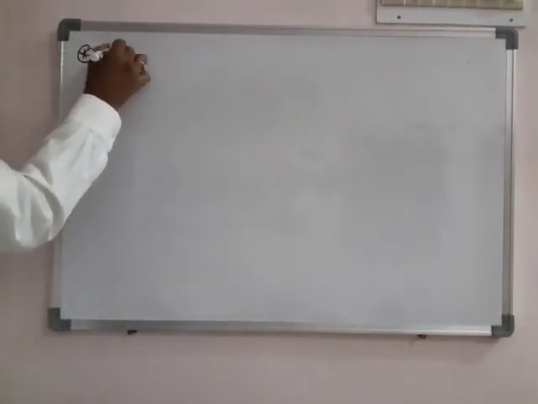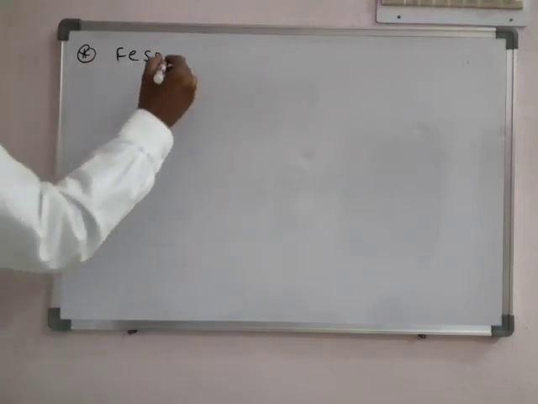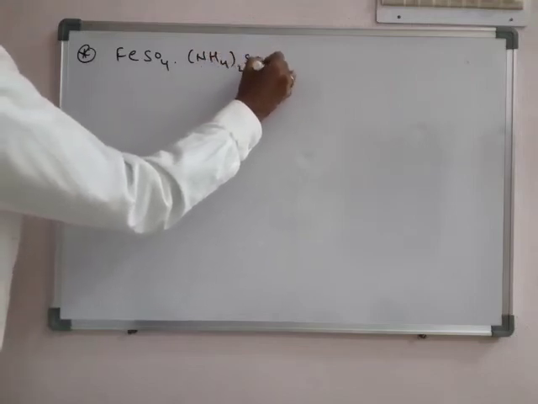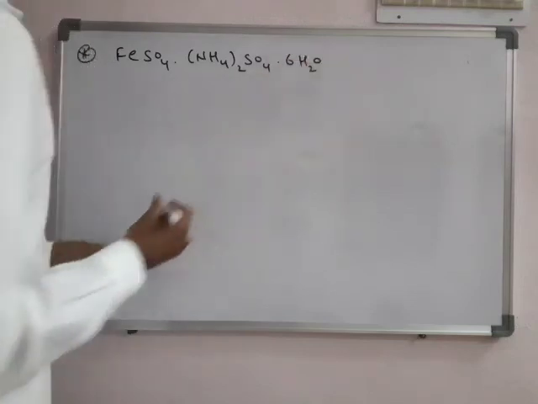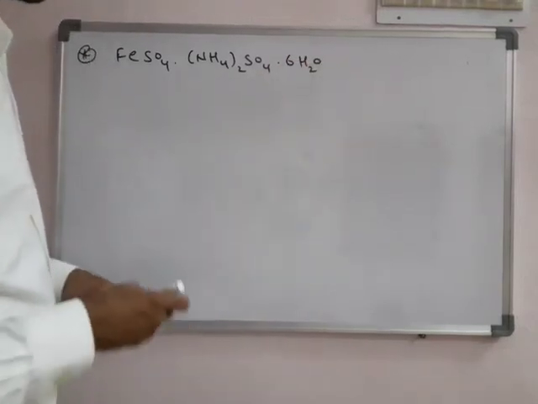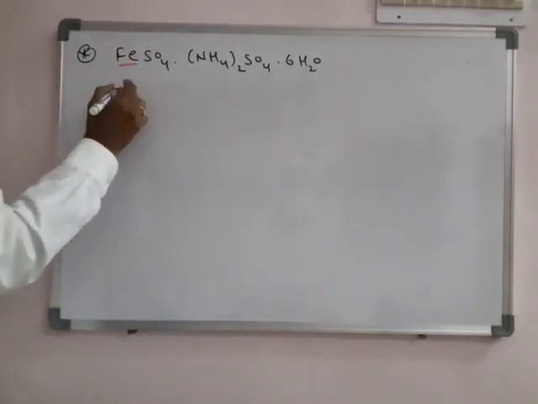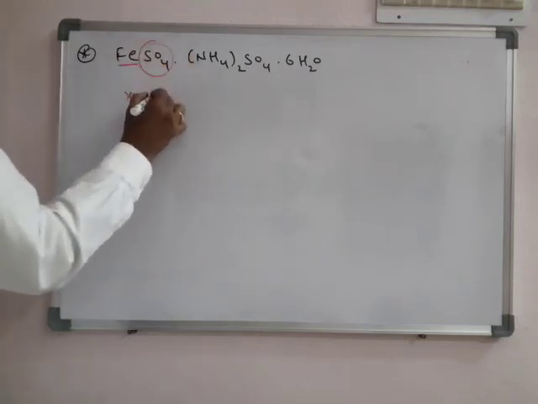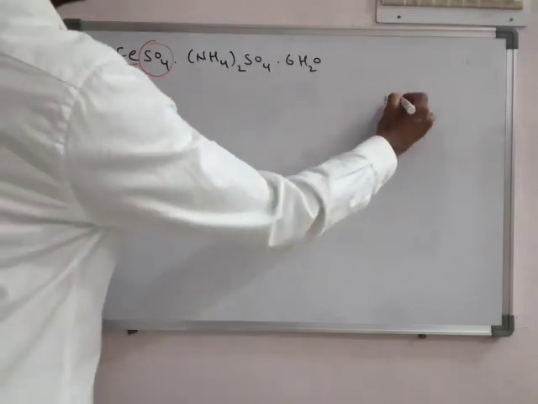See next one, (NH4)2Fe(SO4)2. Calculate the oxidation state of iron. Just take one iron as X. We know that SO4 generally carries -2.